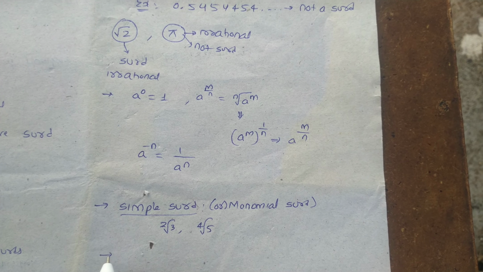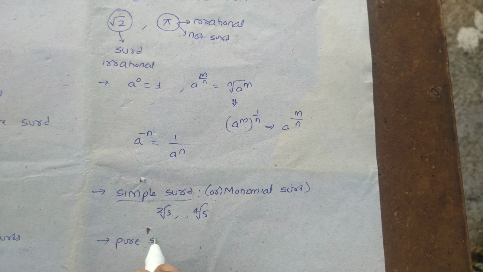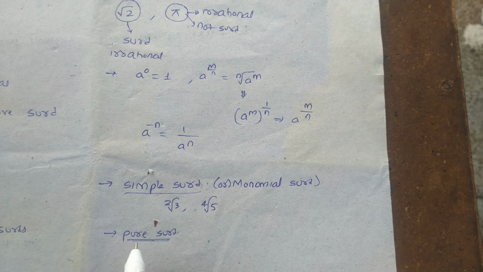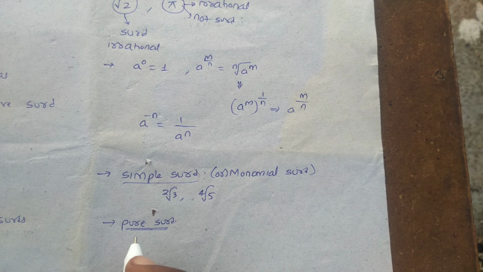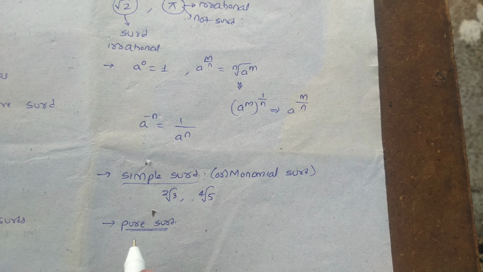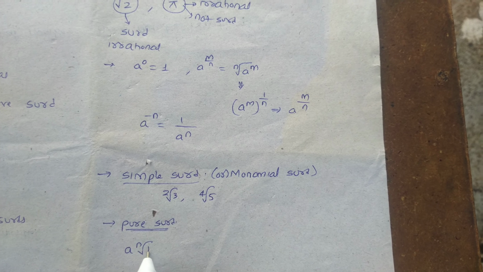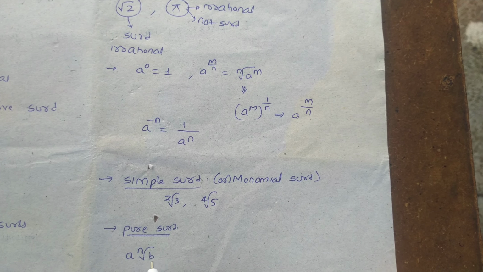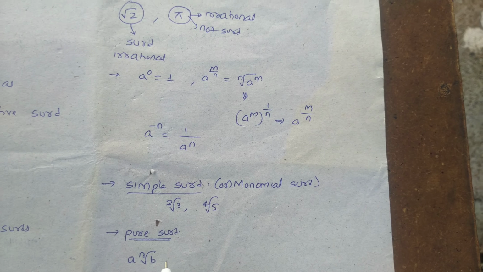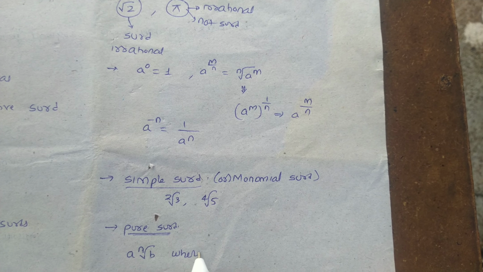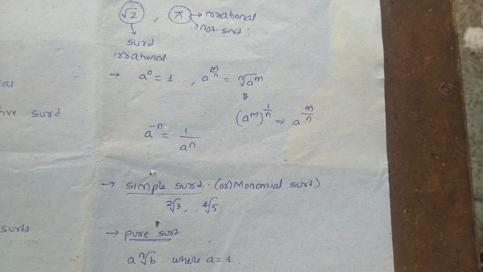Then what is a pure surd? A pure surd is one which can be expressed in the form a into nth root b, where a should be equal to 1.